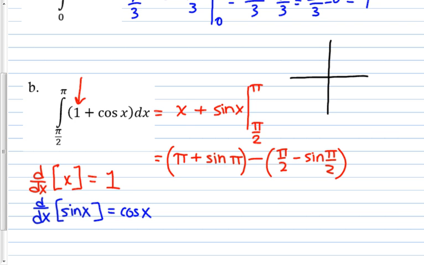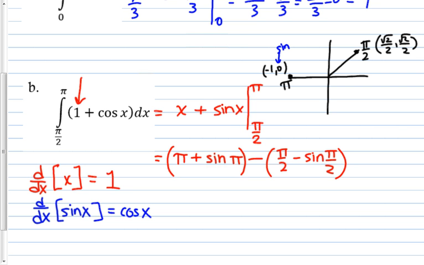Any day now. This is pi. This is pi over 2. Square root of 2 over 2, square root of 2 over 2 is my coordinate there. And then my coordinate on pi is negative 1, 0. And remember, the x is cosine and the y is sine.